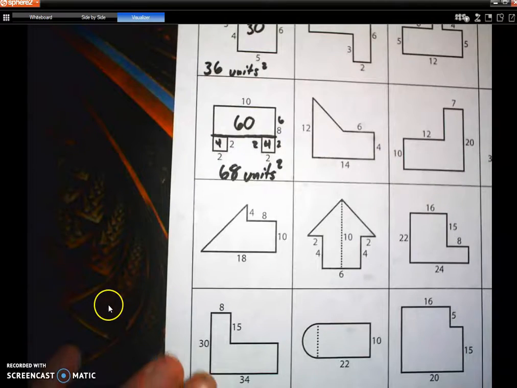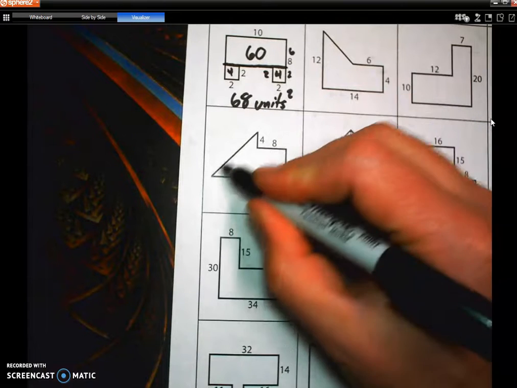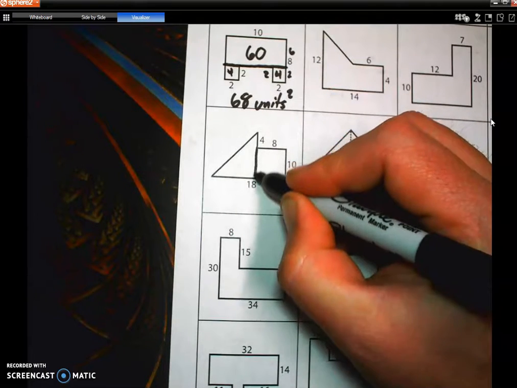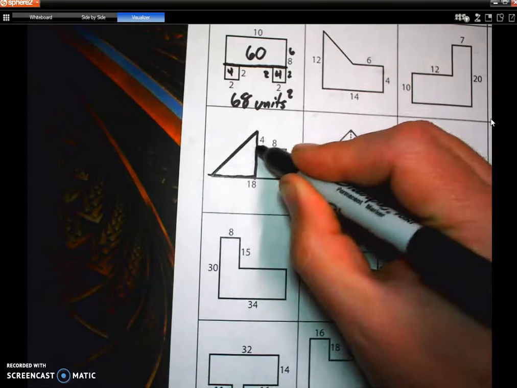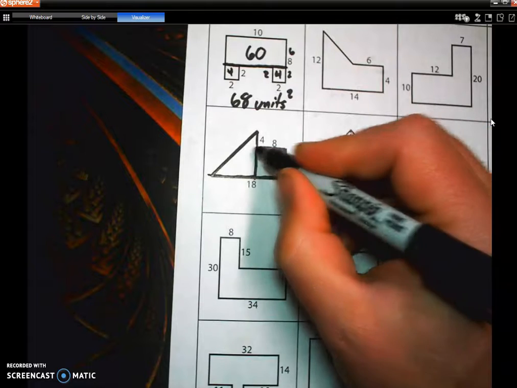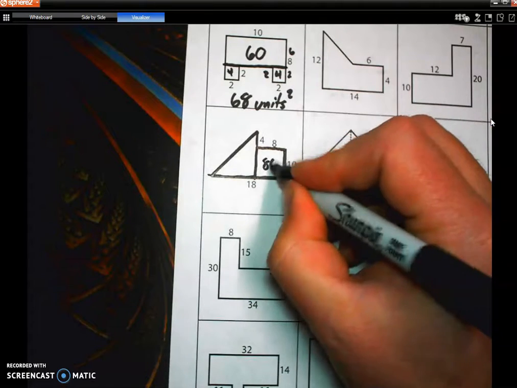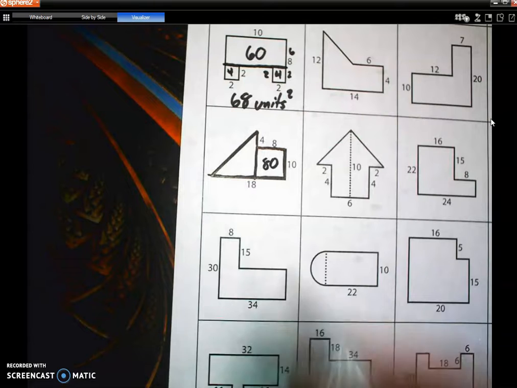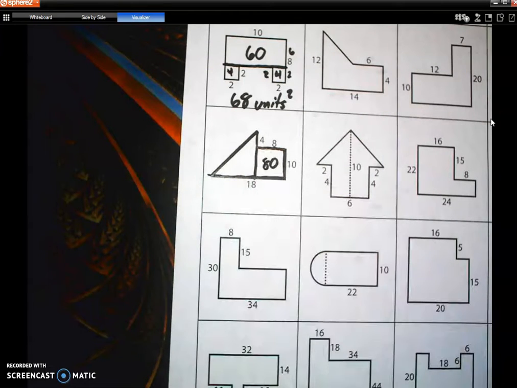Okay, let's try another one here. This one has got a triangle. I can see it right off the bat. There's my triangle. And it looks like a little square or a rectangle right here. We know this length is 8. We know this length is 10. That's all we need, so this is 80. Now the triangle is base times height divided by 2, right?